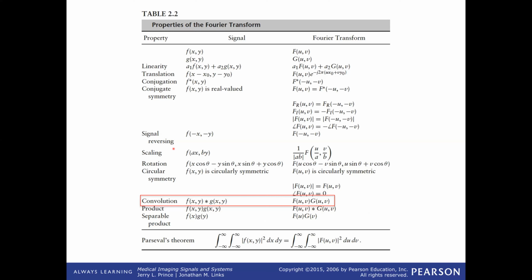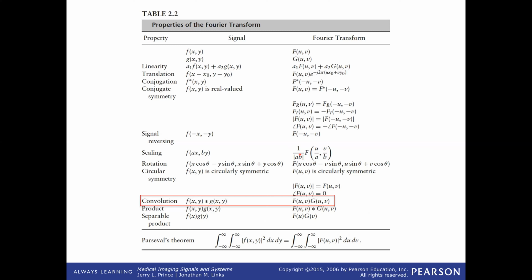And then there's some bookkeeping stuff, scaling. If you have a function and you change the axes, then the Fourier transform gets scaled. And so you could try this with the Gaussian. It'll be illustrative as to what happens to a Gaussian if I put an A and a B in there, and then just plug in the formula here, and you'll see what happens to the Gaussian in the Fourier space.